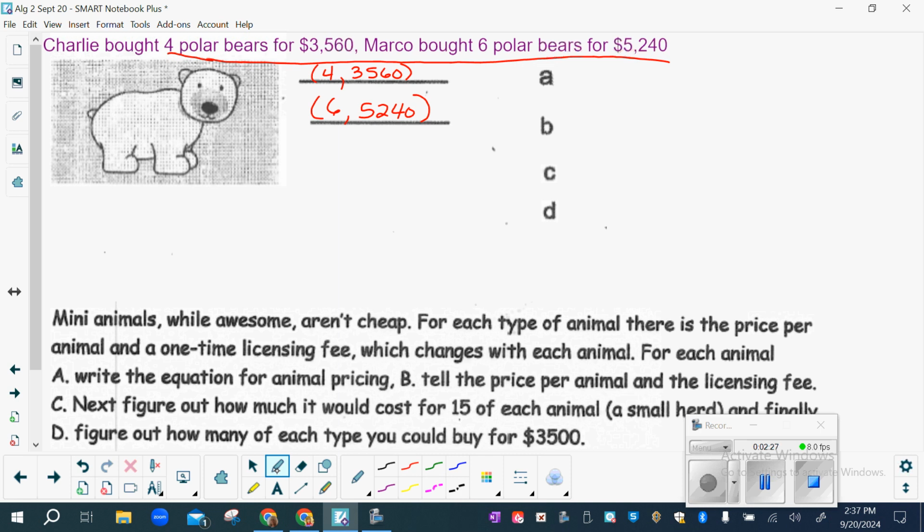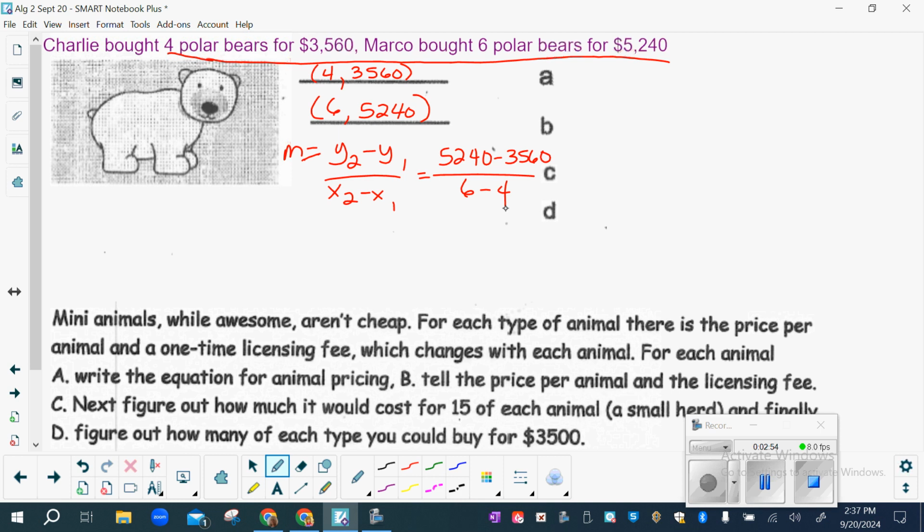So we said we start with the slope. So y2 minus y1 over x2 minus x1. So how would we find the slope? 5240 minus 3560 over 6 minus 4.